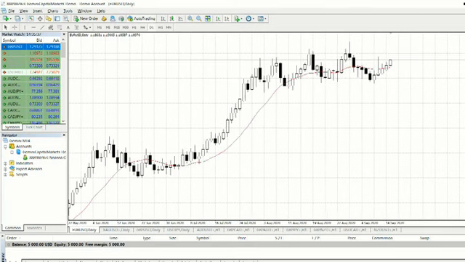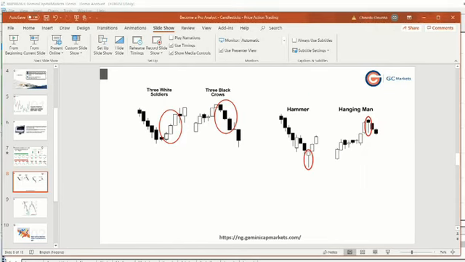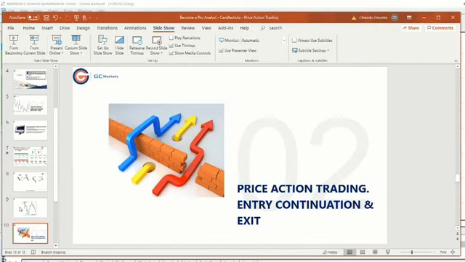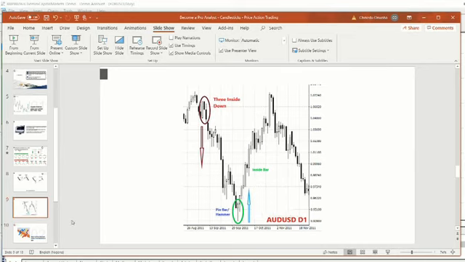Now let us look at another example of another type of candlestick formation, which is the inside bar. Remember, the pin bar is used to trade.